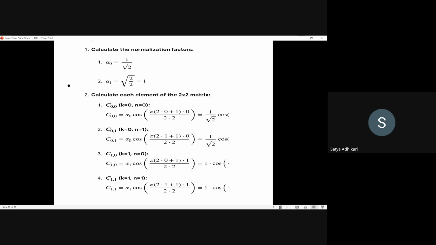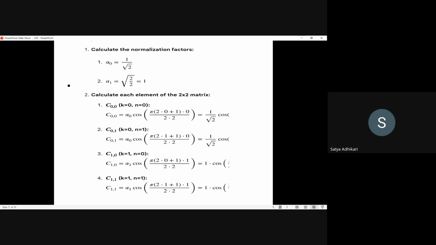C00 is equal to alpha_0 cos of pi (2 into 0 plus 1) into 0 by 2N, using this formula. You see, c_kn, so C00: k is 0 here. So alpha_0 cos of pi into (2 into 0 plus 1) into 0, by 2N, 2 into 2, 4.